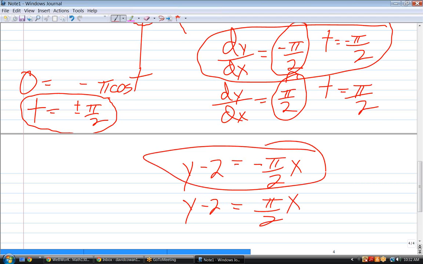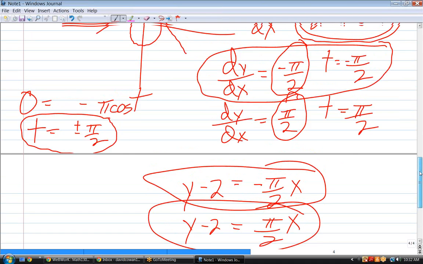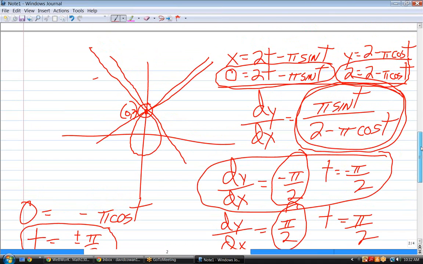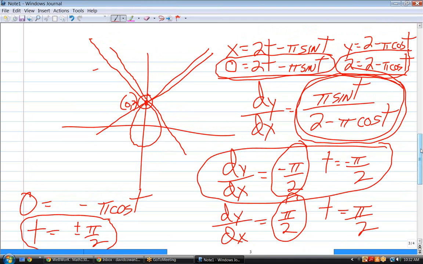So there's the two equations of my tangent line. Notice that at no spot do I have to define x of t. Do I? And anywhere in this problem, did I have to define x of t? Which is what they want you to do on your problem. So what could they be talking about here?